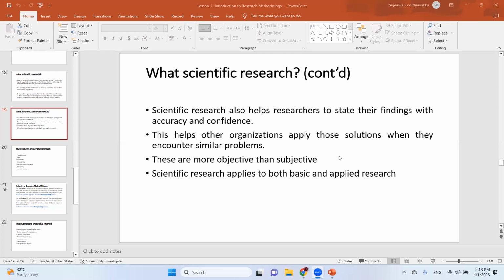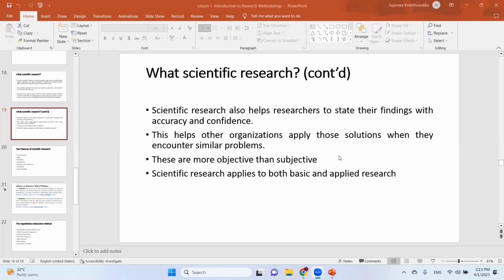This helps other organizations apply those solutions when they encounter similar problems. So that's the thing. If it's scientific research, then at the end you want to provide solutions for a particular problem. Then all other similar individuals or organizations can apply those solutions for the same problem.